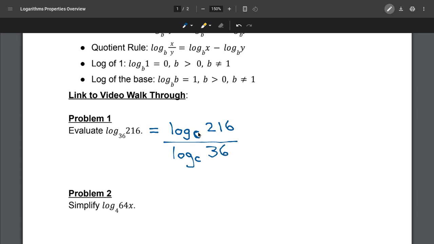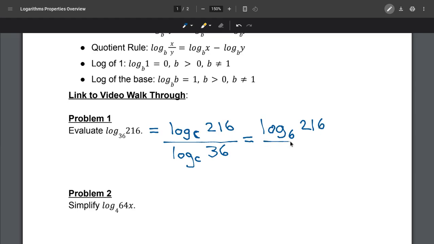Now we want to pick this c value such that we can multiply c by itself to get both 216 and 36. And the number that's going to work for that is 6, because 6 squared is 36 and 6 cubed is 216.